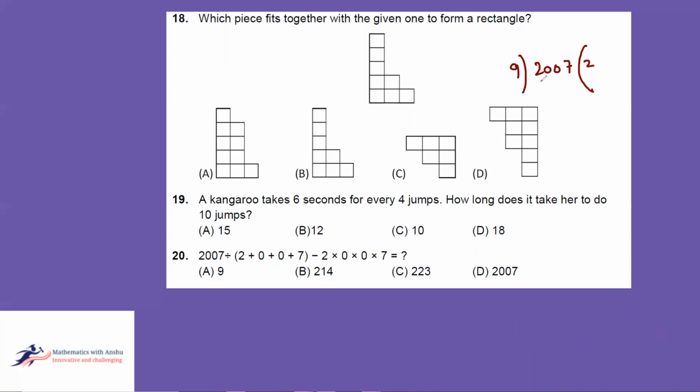So 9 twos are 18, 20, and 9 twos are 18. So 9 threes are 27. But without dividing also, you can figure it out, because 2007 divided by 9. So here is 7. So definitely 27 divided by 9. 3 will come in the end. So that way you can figure it out, right?